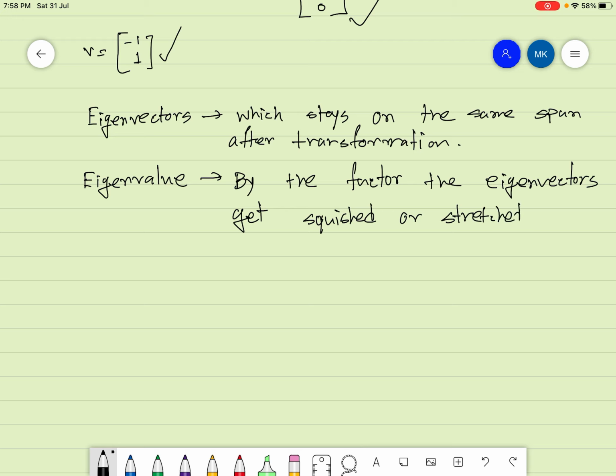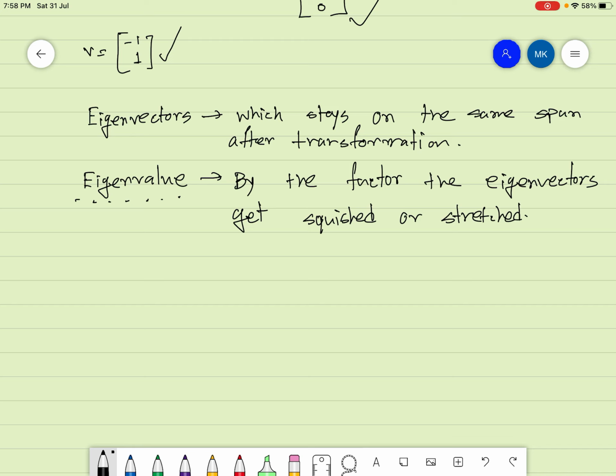So it might sound very similar to the determinants, right? Eigenvalues have a very strong relationship with the determinants of a matrix that you would see very shortly.